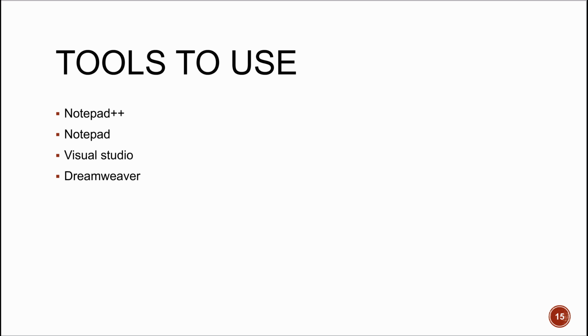Then you have Notepad. All Windows computers will have Notepad. Go to the accessories section and you'll find Notepad there. I will be using this as an example to show you how you can create your websites using Notepad.